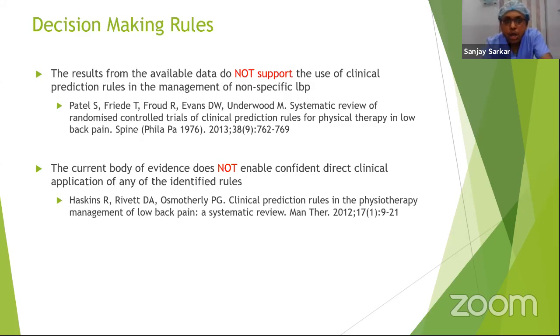So there is no support for the use of clinical prediction rules in the management of non-specific LBP. The current body of evidence does not enable confident direct clinical application of any of the identified rules. Obviously, one is from 2013, another is from 2012, but even then, it's been 7-8 years down the line, and till now we do not have any decision-making rules to predict a pathology based on what?